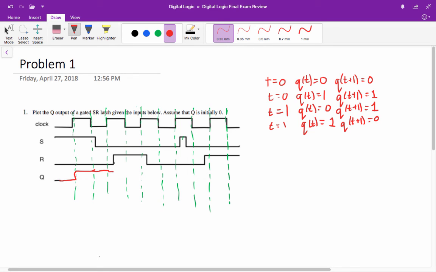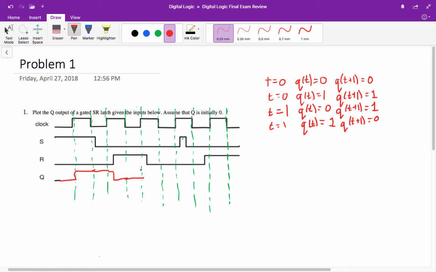But when we get to here, and the clock is still 1, so we can change, R becomes 1 and S is 0. When R is 1 and S is 0, that's a reset. So it will become 0. And it'll stay that way because there's no more change up here. And then during the negative clock, or the 0 clock, it will be no change.